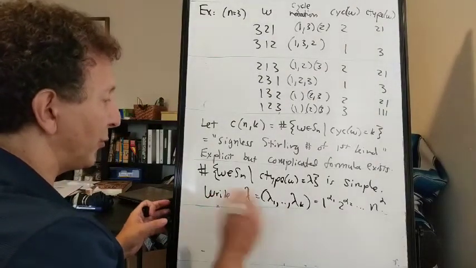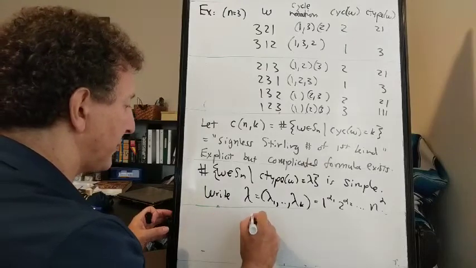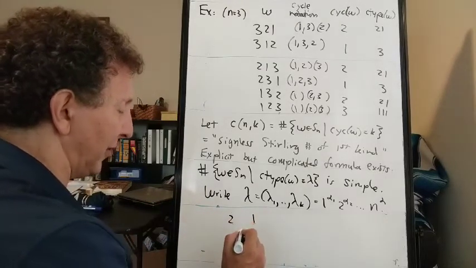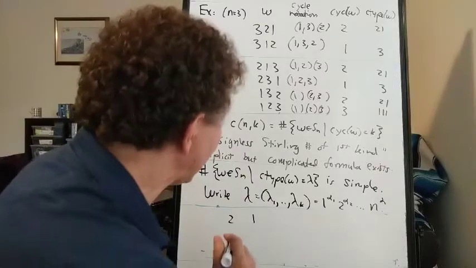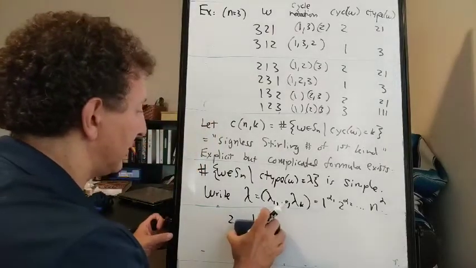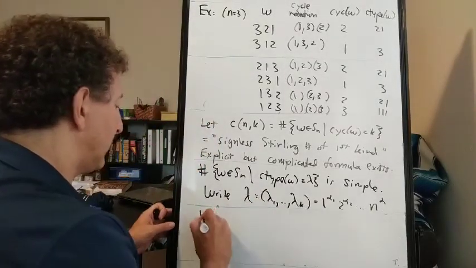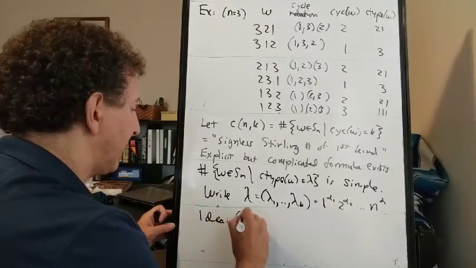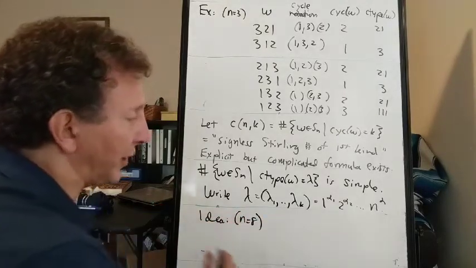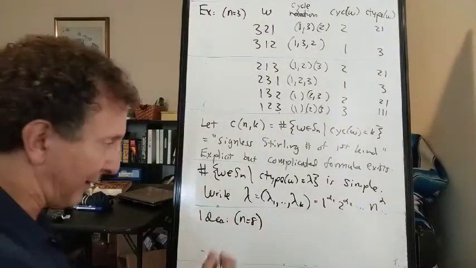So let's say we're looking at n equals 8. We can permute 1 through 8 in 8 factorial ways.